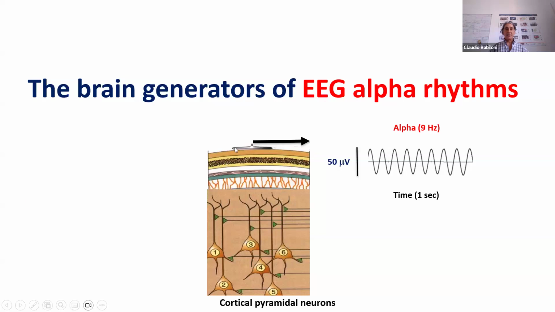You see in the slide that we have an electrode recording EEG activity, for example, EEG oscillations dominant at 9 Hertz in the alpha rhythms, for example, during resting state, eyes closed condition.